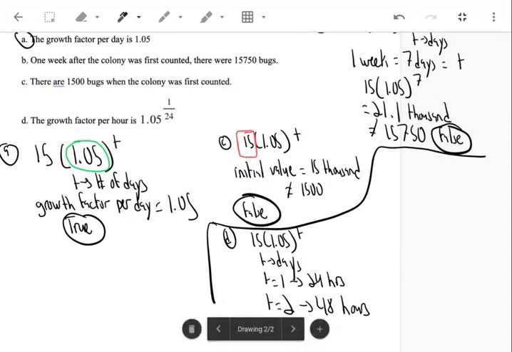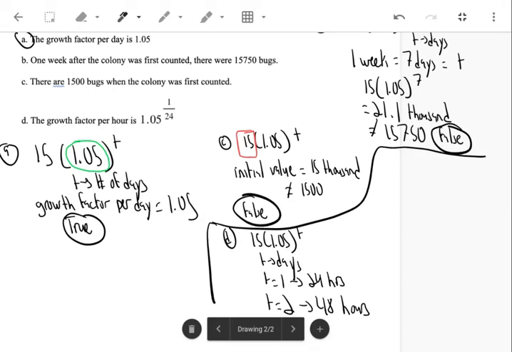So to convert from hours to days, I basically have to divide by 24. Just like in number one. In number one, I was dividing by 2. In this one, I have to divide by 24.